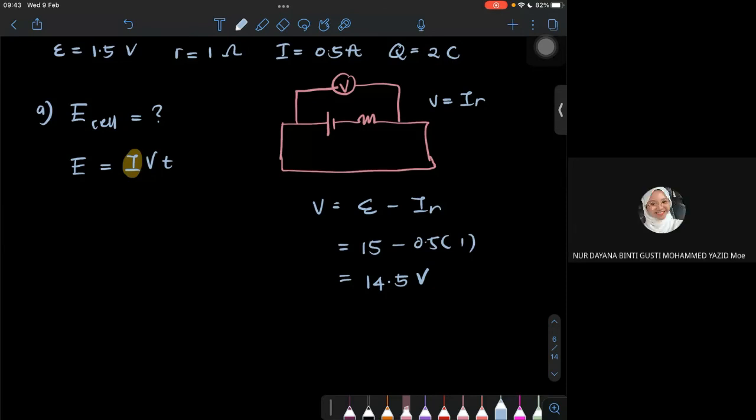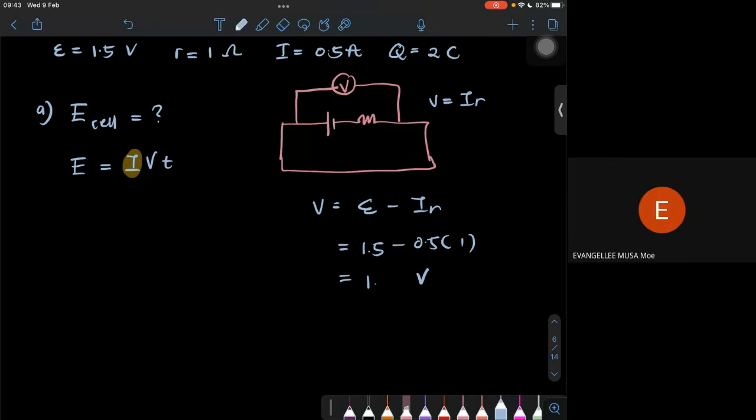Miss, yes. Yang EMF tu bukan 1.5 ke? Oh, 1.5 kah? Sorry. 1.5. So maksudnya dekat sini 1.45. Is it? Betul kah? Oh, check. 1 jam. 1 jam.